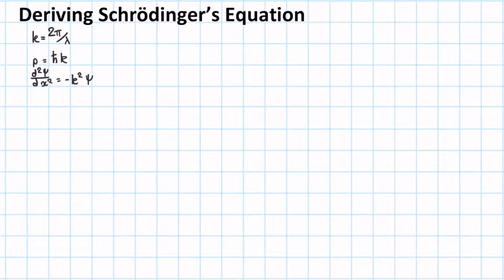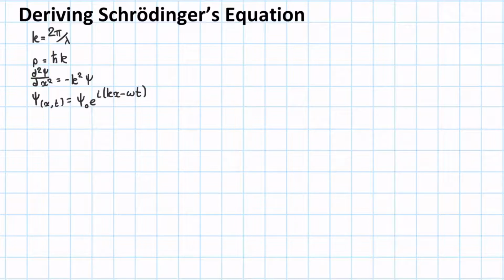And this has solutions such that phi of x and t is equal to phi naught times e to the i (kx minus omega t), where omega is the speed of the wave times our value for k here. I've used the complex form here because it is a more general equation for the wave.